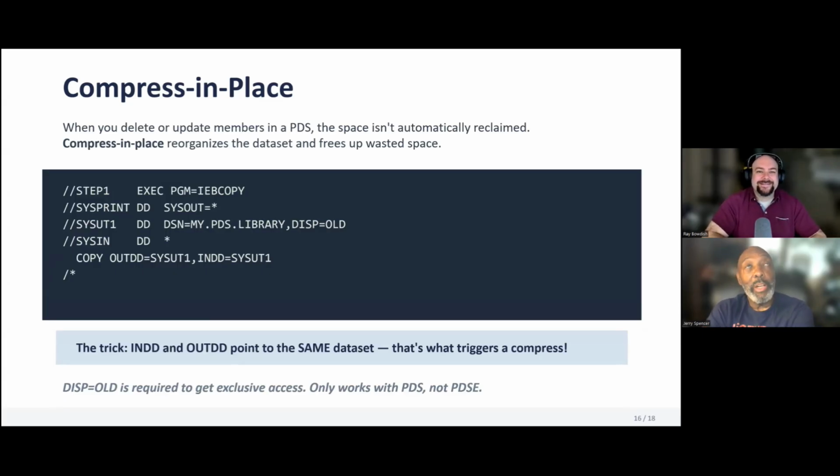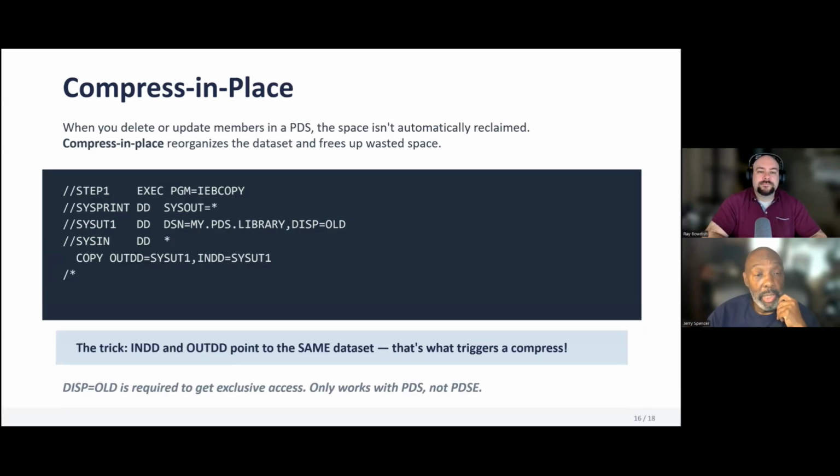Now, we talked about when you replace a member in a PDS, let's say you're in ISPF edit, you make some changes and you save it. Well, what it does is it takes that updated member, puts it at the end of the data set, and leaves that original space unused.